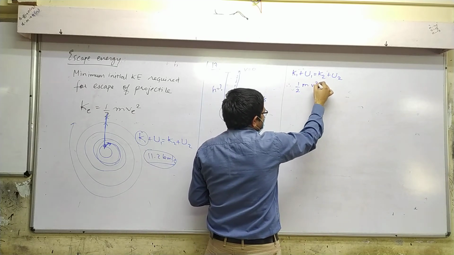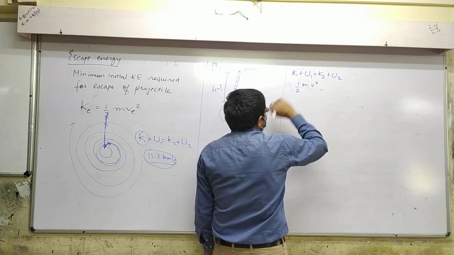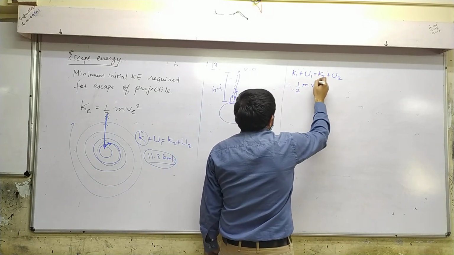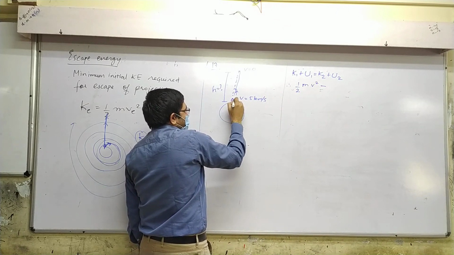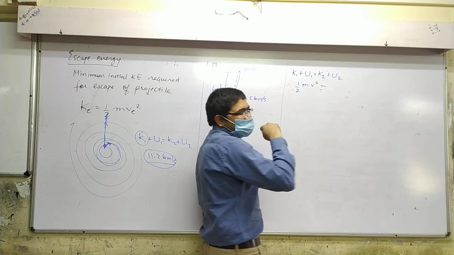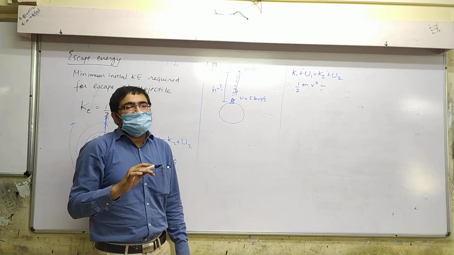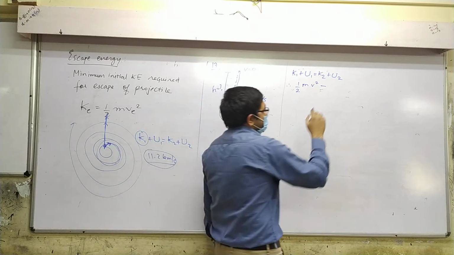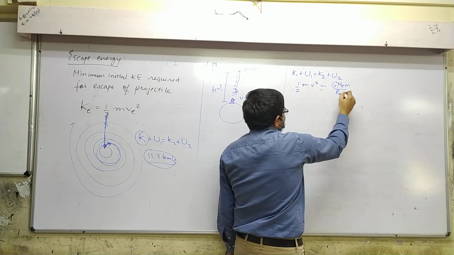We'll put the value later. Okay, first let's simplify. Then what to write? Potential energy, come on. Minus, the rocket is very small compared to Earth. It's just like a point. What should I write? Minus G ME m by RE.